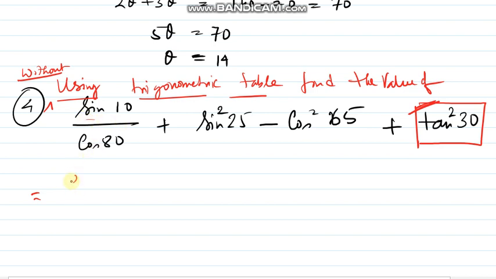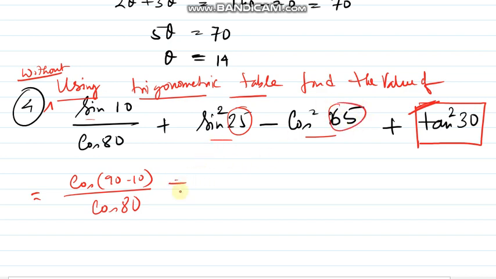Now sin 10 I can write as sin theta equals cos of 90 minus theta, divided by cos 80. Any of these, if I change, just check, both are complementary angles, right? So sin square 25 as cos square of 90 minus theta, minus cos square 65.